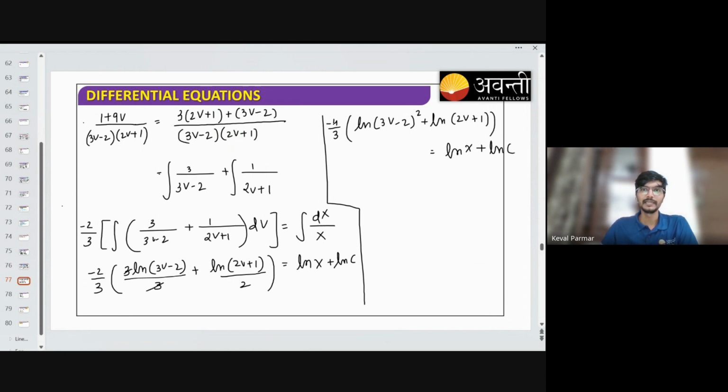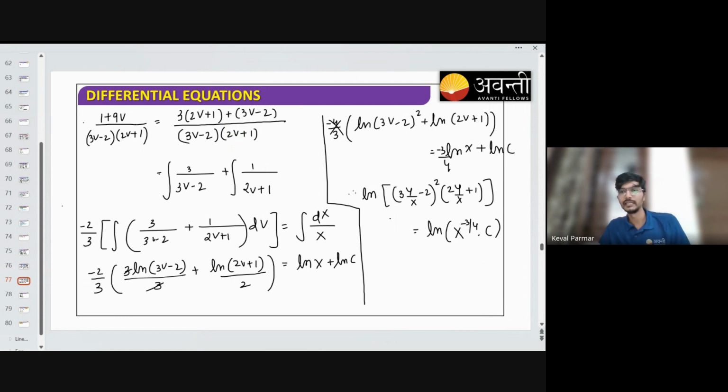So this minus 4 by 3, I'll take as minus 3 by 4 here, and this will remain the same. This is the arbitrary constant. So my LHS will now be ln of 3y by x minus 2 the whole square into 2y by x plus 1 is equal to ln of x raised to the power minus 3 by 4 into c.